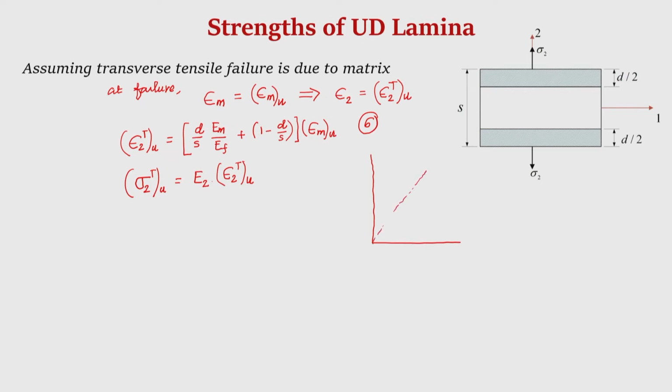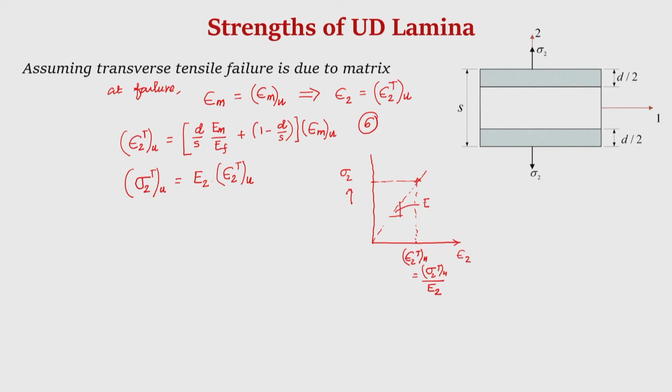When it is loaded in the transverse direction, suppose this is epsilon 2, this is sigma 2. At failure, suppose this is the failure point, this is epsilon u, which is sigma u divided by E 2, because it is loaded in the direction 2.